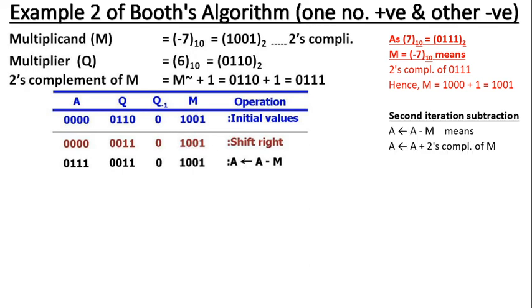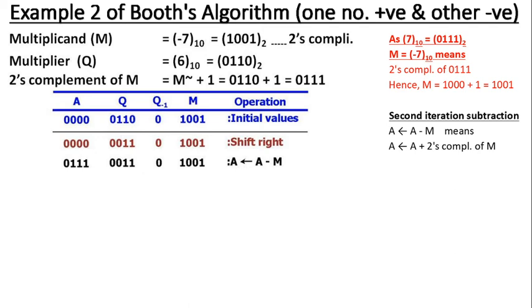So here, second iteration subtraction, A minus M copied to A, it means that the previous iteration, which is shown by brown color, its A value 0, 0, 0, 0 plus 2's complement of M. 2's complement of M is just shown above this particular table as 0, 111.